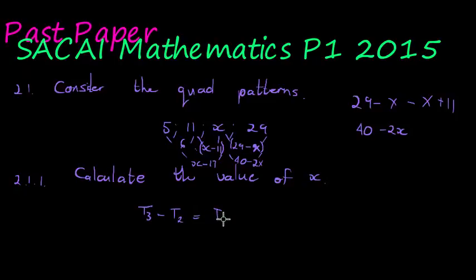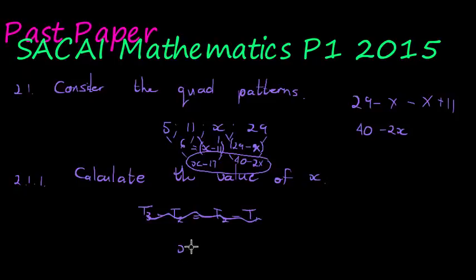That's arithmetic. We're working with quadratic. This is the first difference. Term 2 minus term 1, that's the 6, is equal to term 3 minus term 2. Those aren't equal. It's these ones that are equal. In a quadratic number pattern, that second difference is equal. So that's what I'm going to make equal.